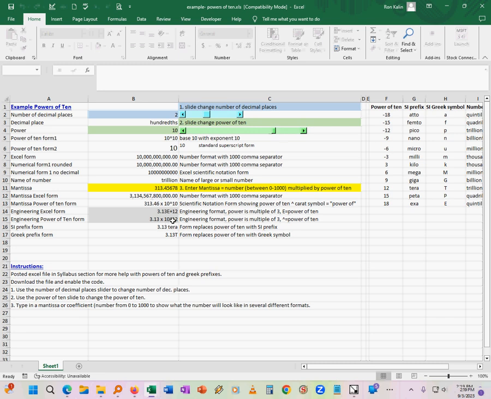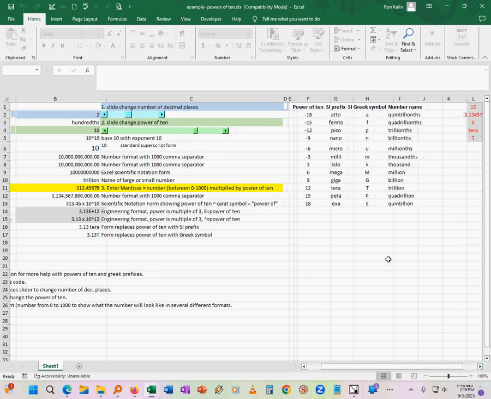The last 2 forms take that power of 10, and they convert it over in this table here to whatever power of 10 corresponds. At this point it's 10 to the 12th power, which is tera, which is symbolized by a capital T, which is also equal to a trillion.